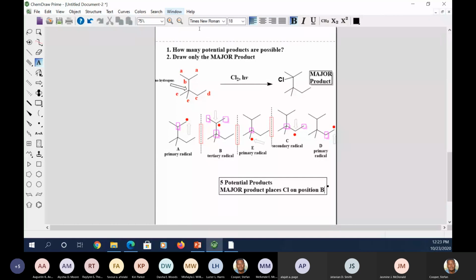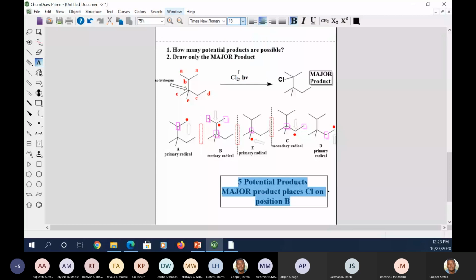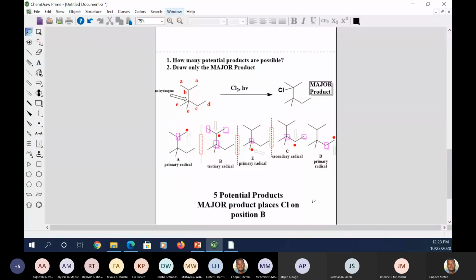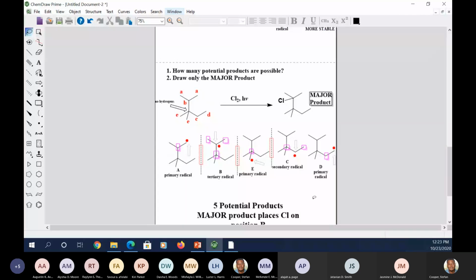All right, 5 potential products here. The major product puts a bromine on position B, because it's from the tertiary radical. All right, good. So this is our general class of halogenation reactions. It looks like you guys are getting it down.